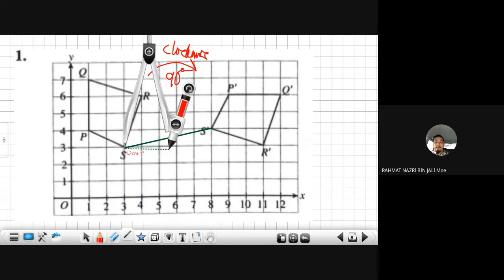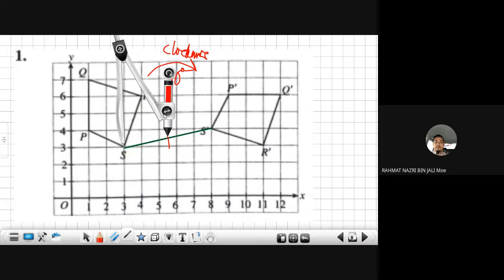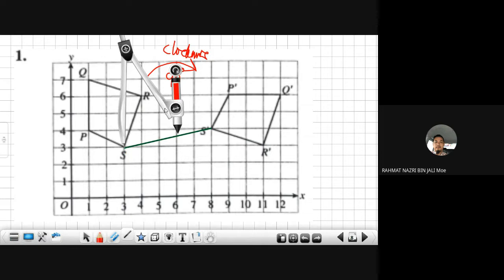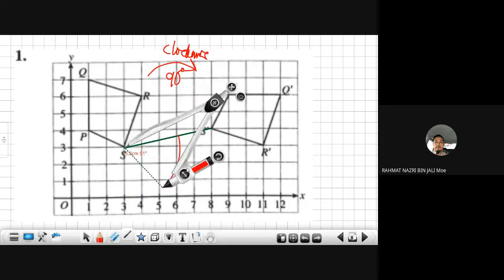The center is a bit difficult, you have to find the center. Find the center using a compass. Okay, open more than half and then draw the arc.